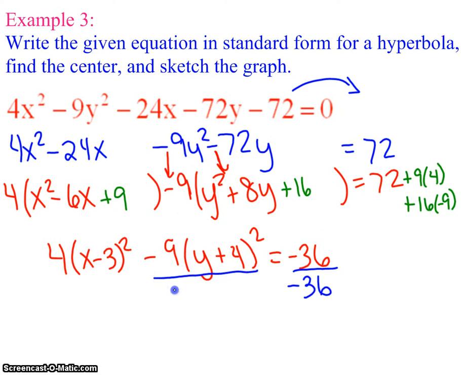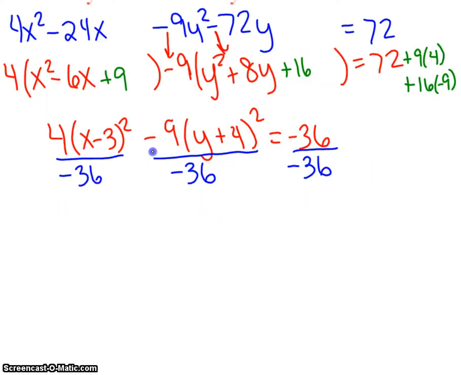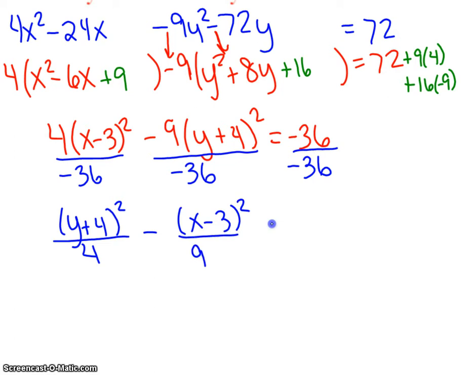So be careful because what's going to happen here is, instead of the y being negative, because we have negative 9 divided by negative 36, it's going to become positive y over 4, and the x becomes negative. And it's equal to 1. So they swap roles because of the sign change. You always need to put it in standard form, so your positive variable needs to go in the front, minus your other variable.